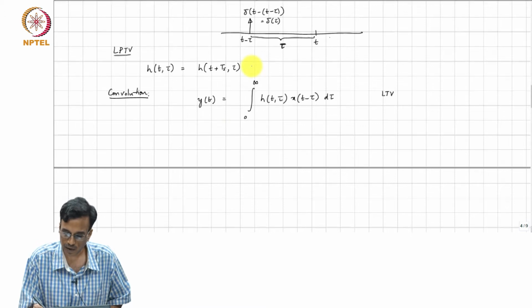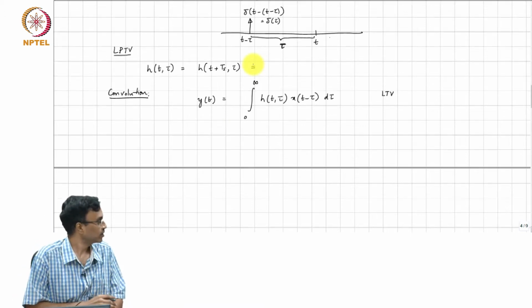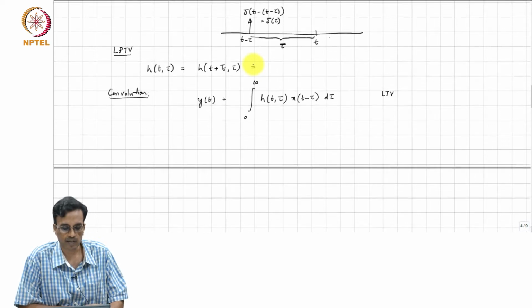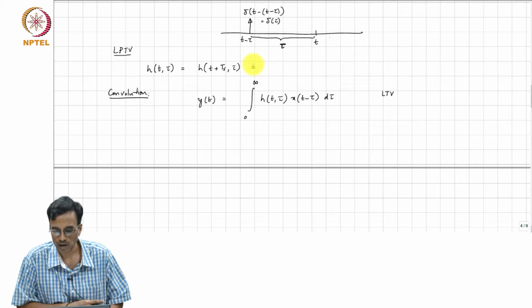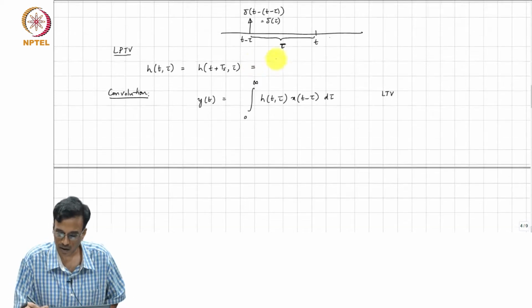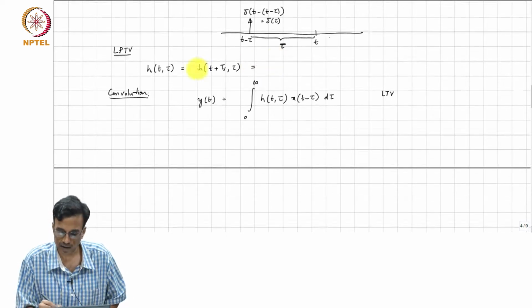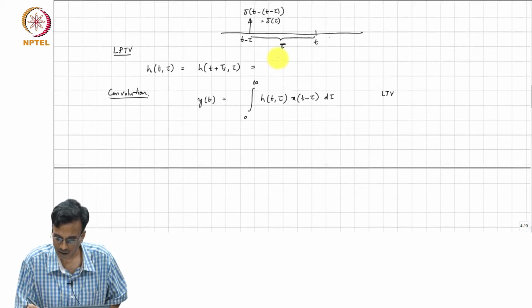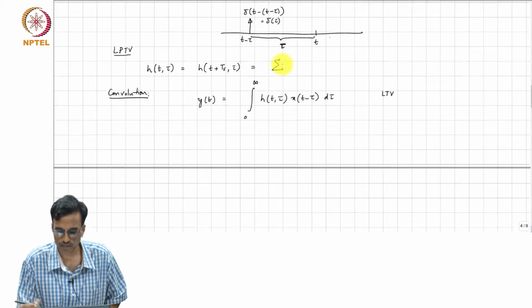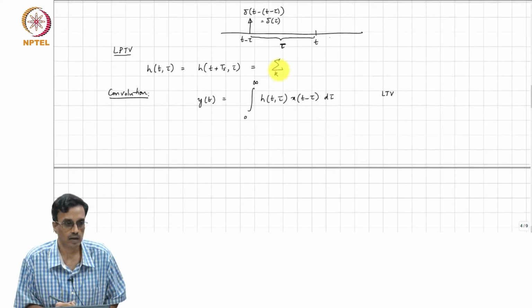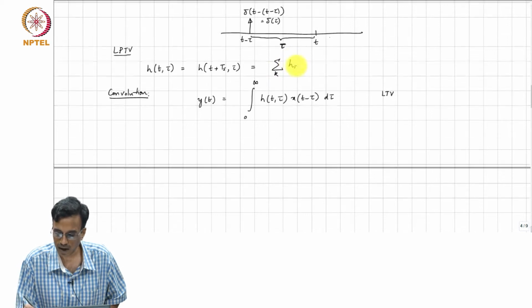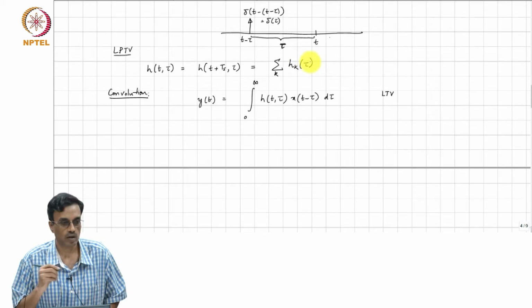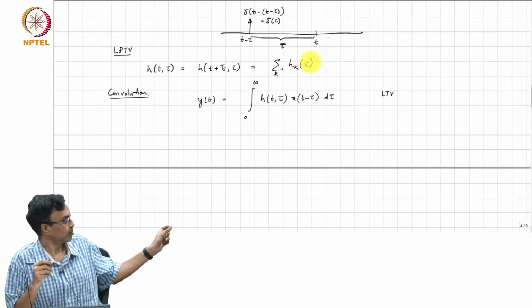In the special case of an LPTV system, because h of t comma tau is periodic with respect to T s, if you change t by that amount, this can be written as a Fourier series, right. This can be expanded as a Fourier series, and this is nothing but sigma over k h sub k of tau, because how will you find the Fourier series coefficients?